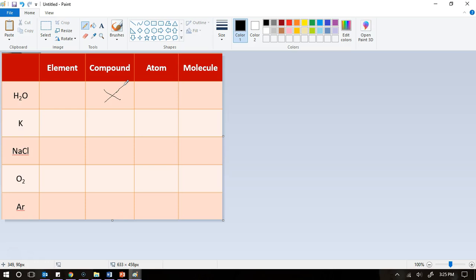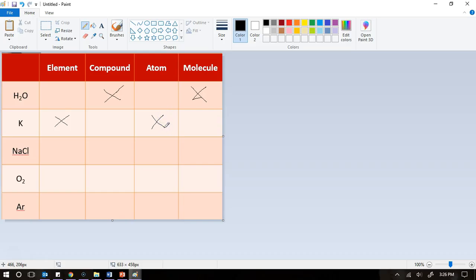Alright, because atoms are strictly for elements, which means I've got molecules going on here. If I go down to the next one, alright, K or potassium, check out your periodic table. It is an element unto itself, so that's what we're dealing with there. Okay, so not a compound. And in this case, I've only got one K hanging out there, so that means I'm dealing with an atom.